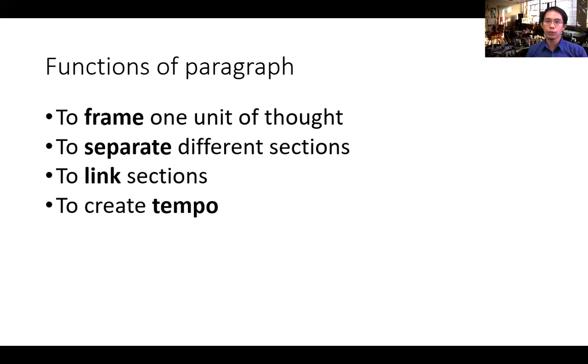And you can then try to vary your paragraphing by, for example, after using a fast paced paragraph, inserting a paragraph that is longer, describing something, so that the tempo is not only fast.